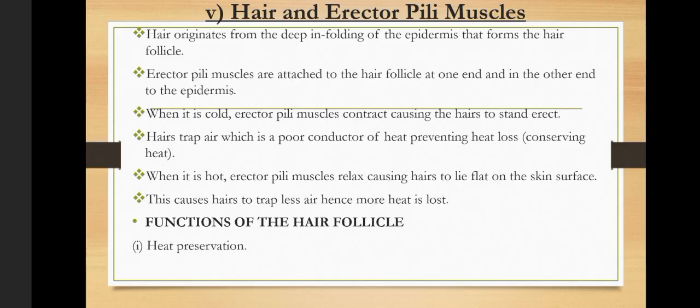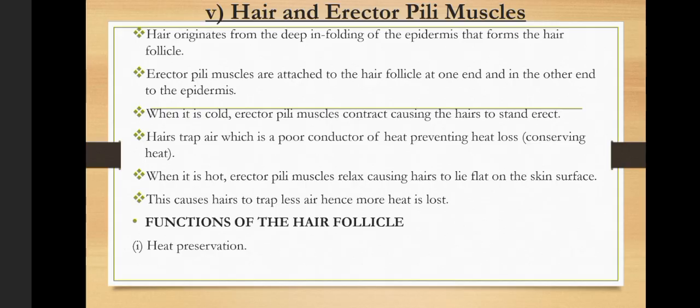Upon contraction, they will pull the hair and cause the hair to stand erect. The erection of the hair will trap some air within it, and as we know, air is a poor conductor of heat, and that will ensure that your body preserves the heat that is within it, because none of it will be able to escape to the external environment.